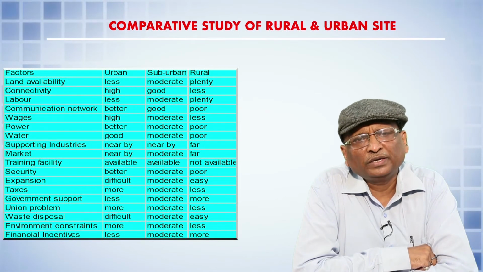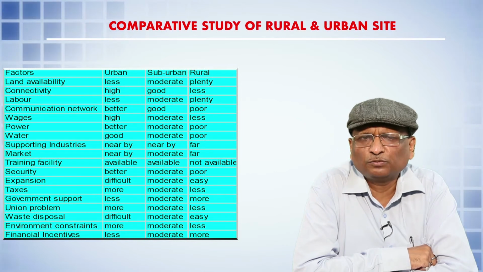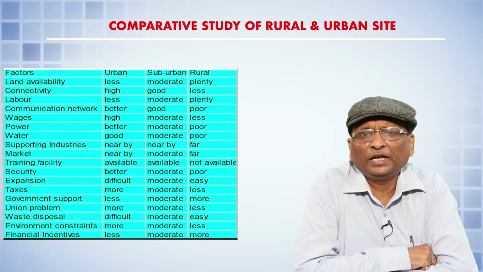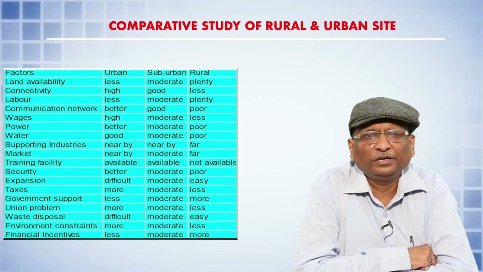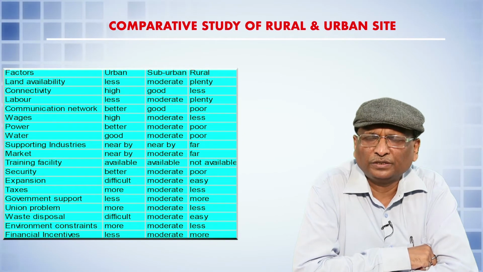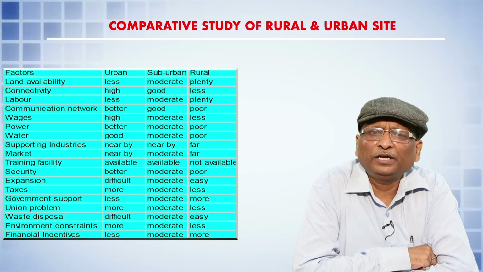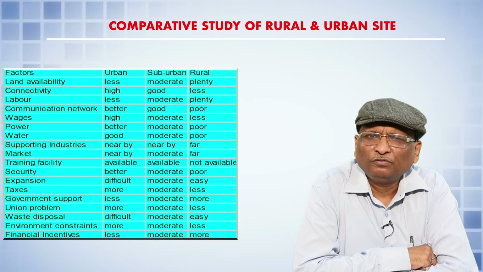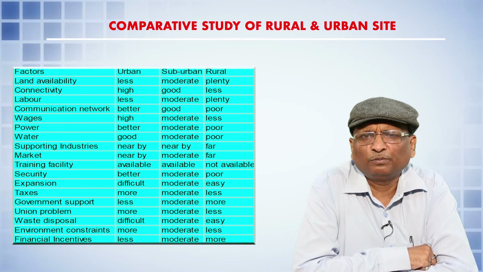Connectivity, when I am talking, in the case of transportation, it is connectivity with the rail lines, connectivity with the airport, connectivity with the market, that we have to give consideration. Then availability of labor, communication network, wages for the employees.